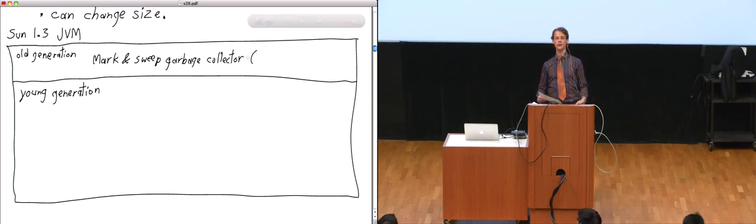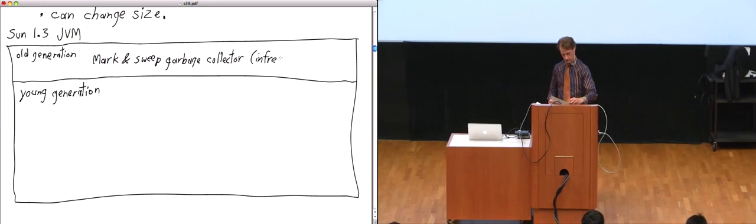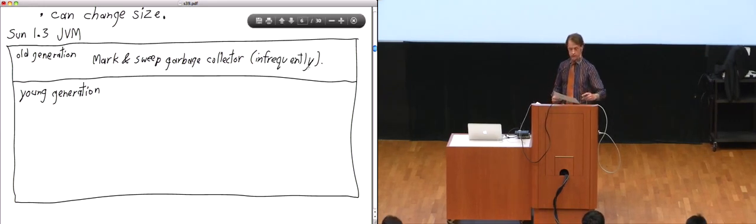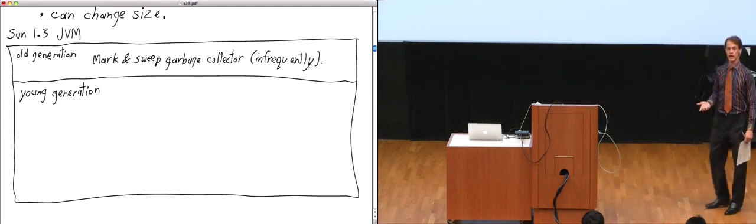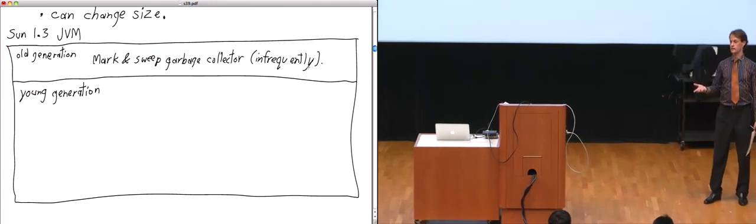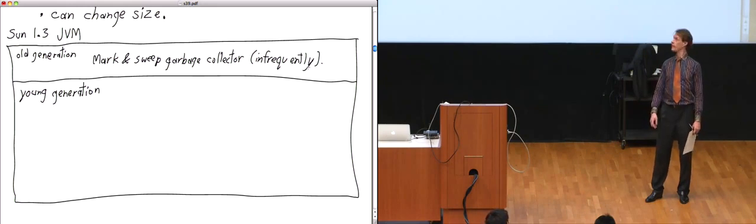But we're going to use it infrequently. The idea is that old objects tend to be set in their ways. They don't change very fast. They don't get new ones generated very fast. They don't tend to die very much. If they've lived a long time, they're probably going to live a lot longer.